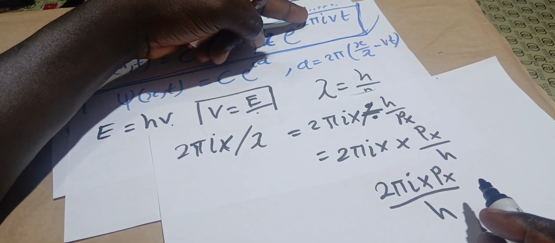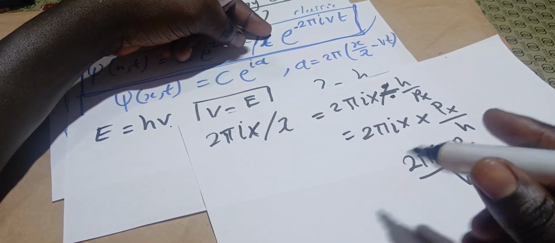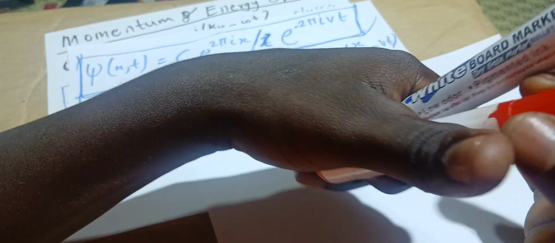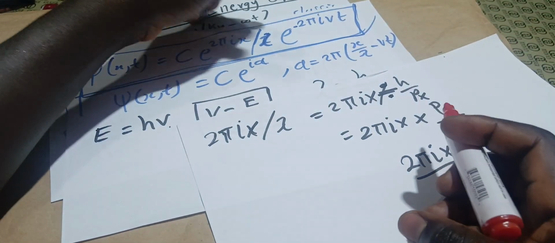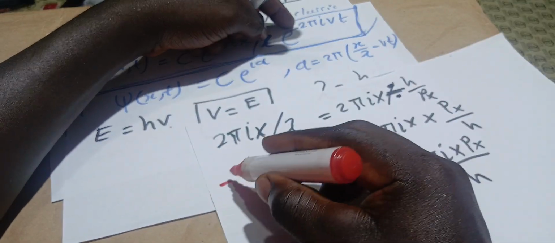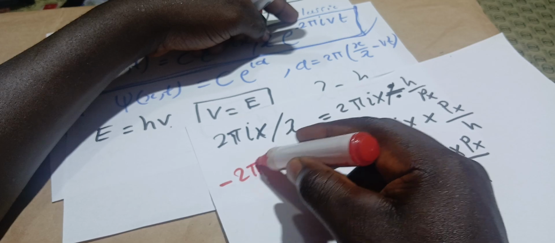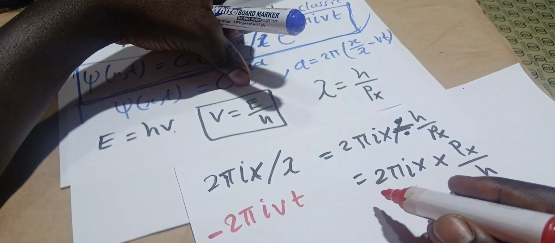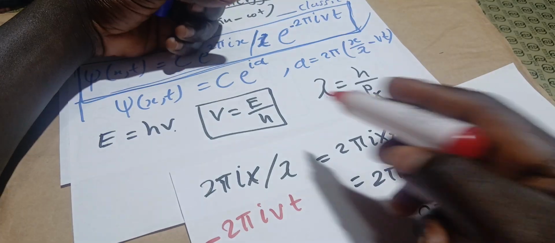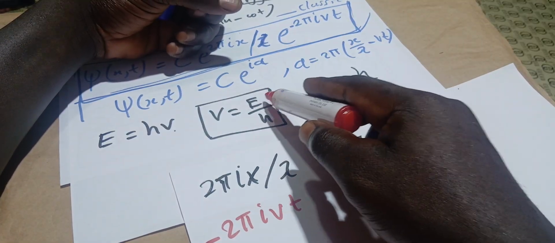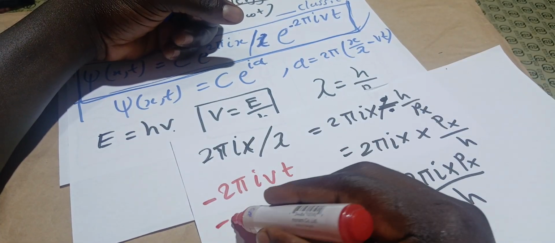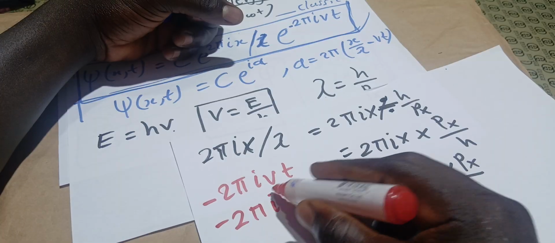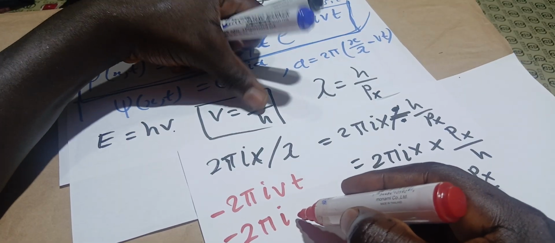Let's look at substituting the value of v there too. So let's take the whole term here, minus 2 pi i vt. And now we want to substitute v equals E over h there. So this is going to give us minus 2 pi i E over h, right?